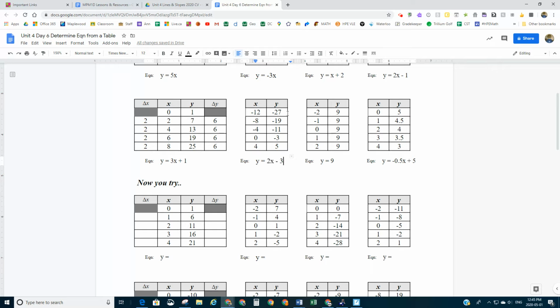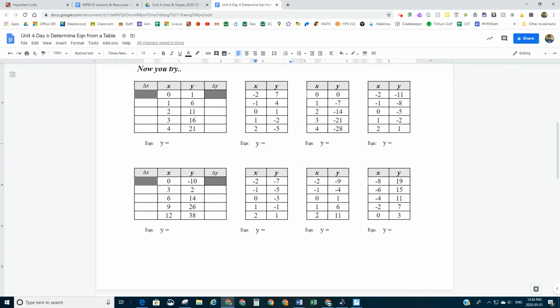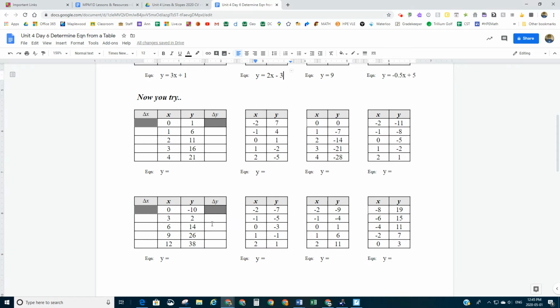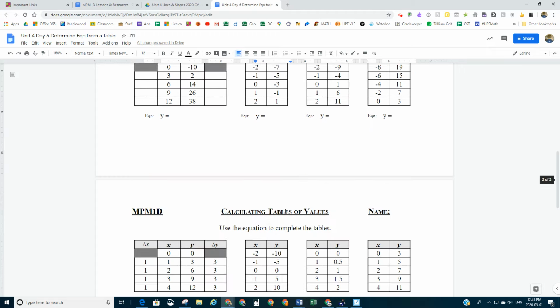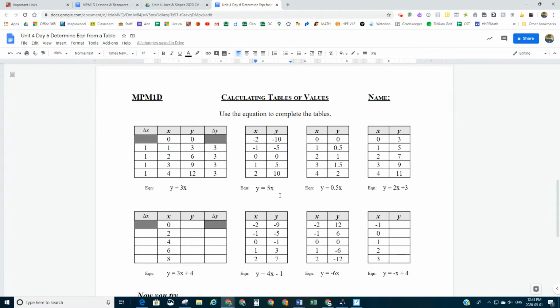You don't have the luxury of writing out the first differences like I did on the screen before, but you can maybe do them on a piece of paper or observe. For example, you see how this one's going 7 to 4, so it's going down 3, down 3, down 3, and you should be able to come up with the equation. And these are going up by ones. Okay, so you can pause your video if you want to just do these questions in the Google Doc, then feel free. Otherwise, we're going to move on to a second part where we're going to do the opposite.